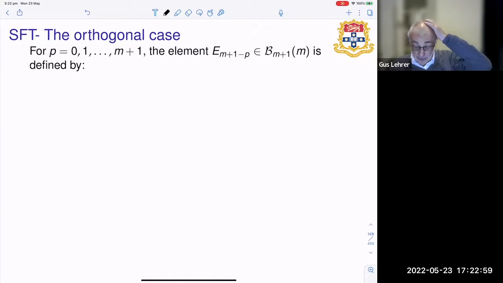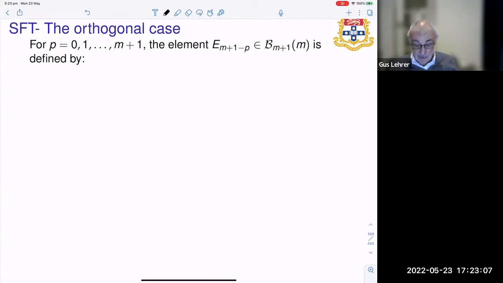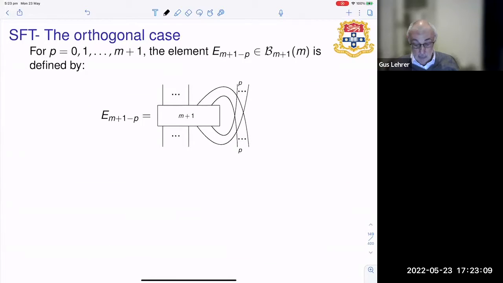In the orthogonal case, the idempotent defining the kernel is a little bit more difficult to define. So you need these elements here, which are very closely related to the alternating.